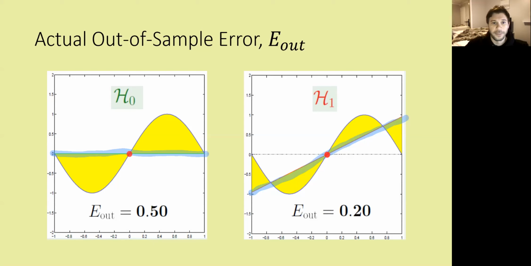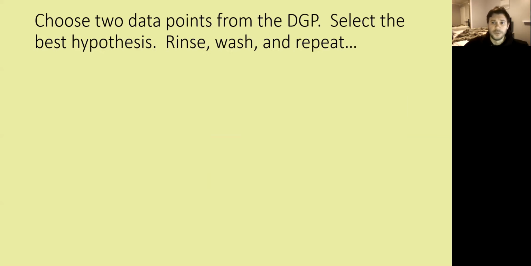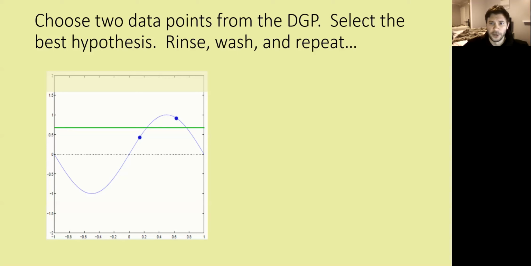So we're going to now think about the following experiment where, instead of knowing the entire DGP and building the best hypothesis, which is what you're looking at in this diagram, we're going to sample 2 data points and then build the best hypothesis for each case, H0 and H1. So let's suppose that the 2 points that we've sampled here are these 2 points in blue, right? That point and that point.